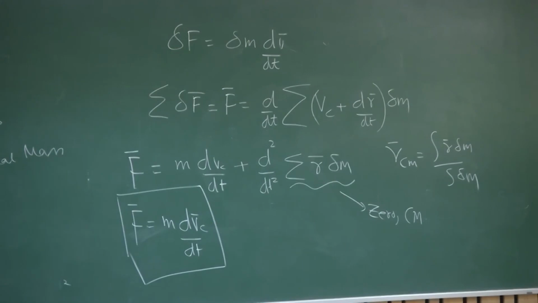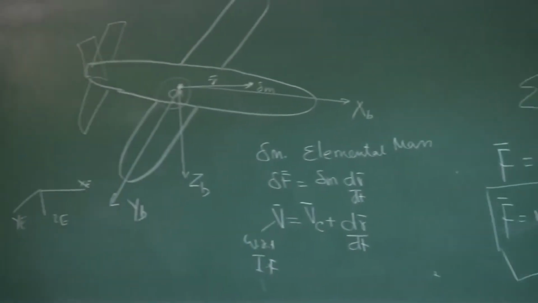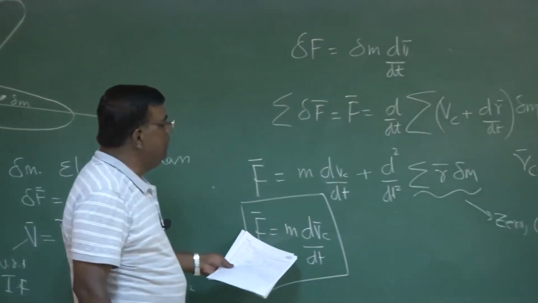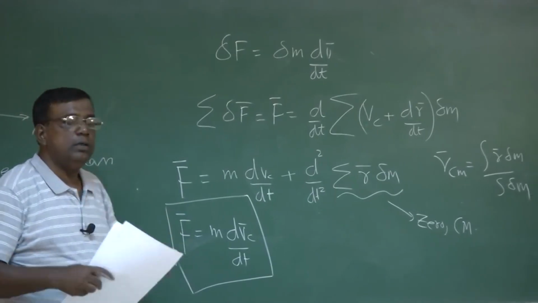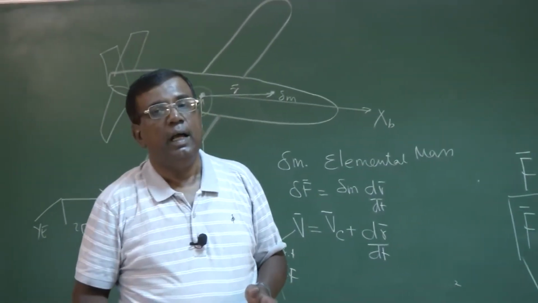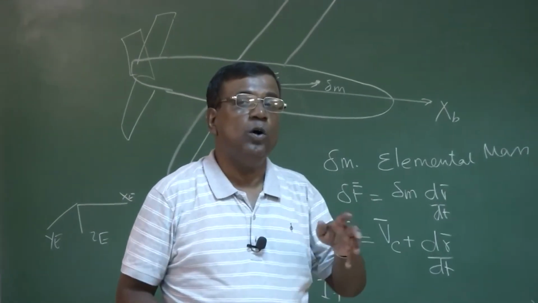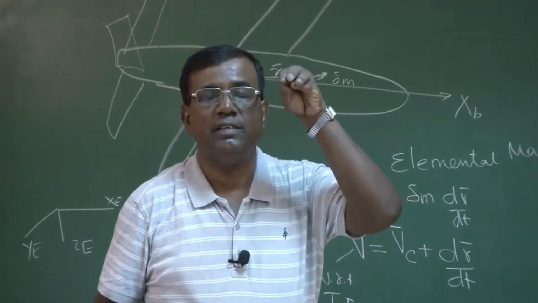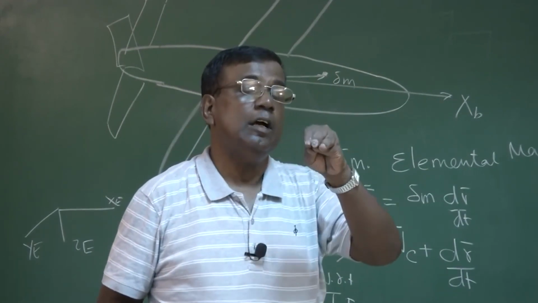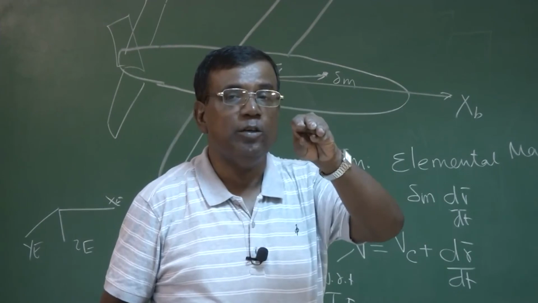What this says is, let the mass be distributed, let the force be distributed. But if you want to apply Newton's laws of motion, you need to find out the center of mass of the distributed mass and assume the whole mass is concentrated at the center of mass, and the whole resultant force is applied at the center of mass.